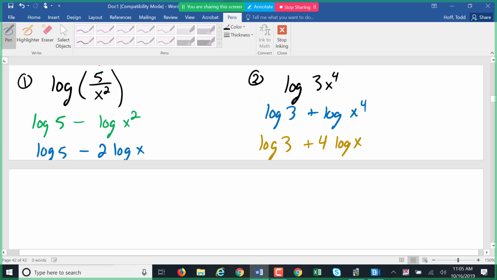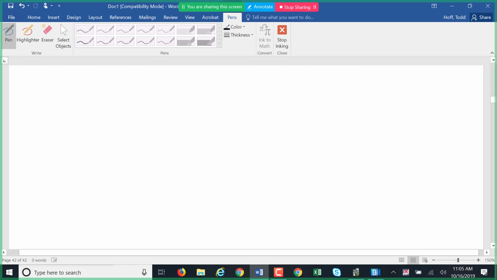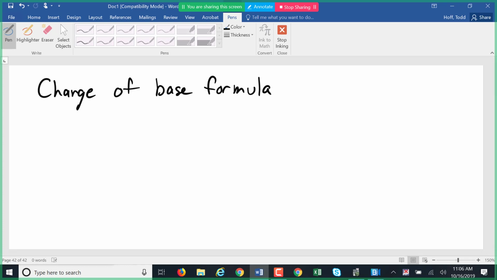The final equivalency we have is our change of base formula. We already mentioned the calculator only has 2 logs, log base 10 and log base e. Unlike our radicals, most calculators don't have a log base x function where you can put in your own base. I always thought that was weird, but the change of base formula makes it unnecessary.